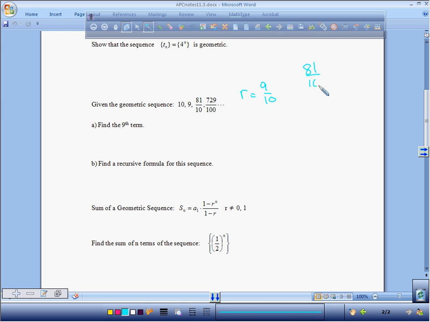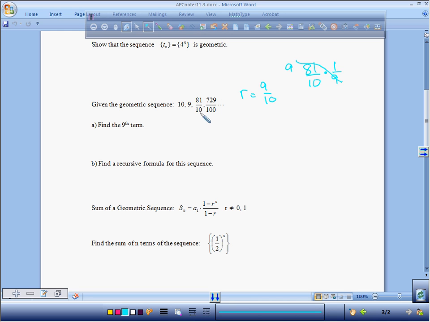81 over 10 divided by 9 is the same as multiplying by 1 over 9, which gives you 9 over 10. So when I divide this by this, I also get 9 over 10.